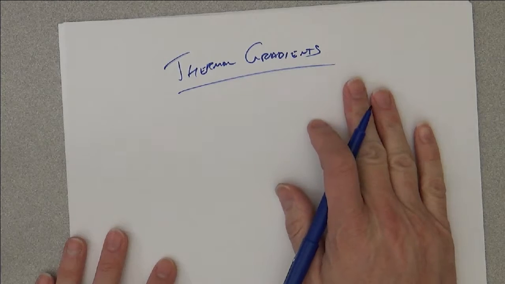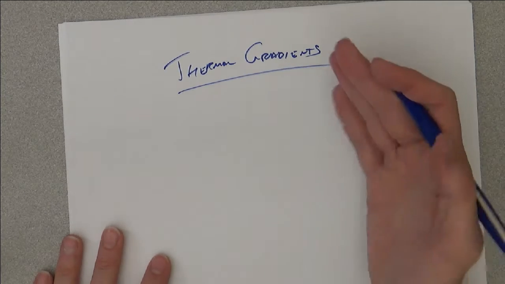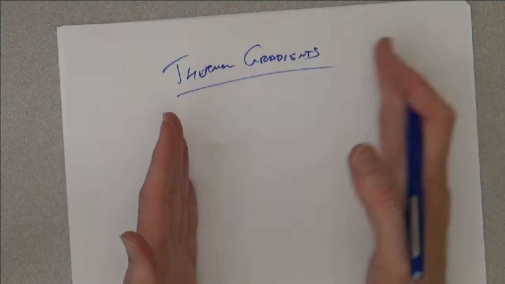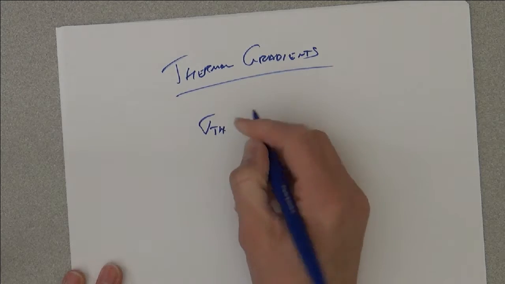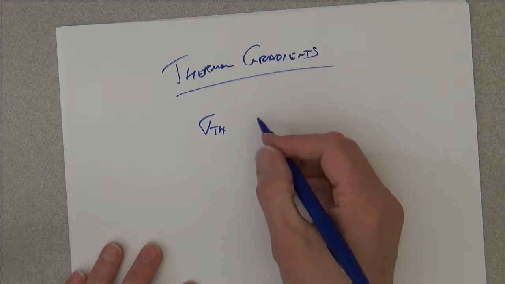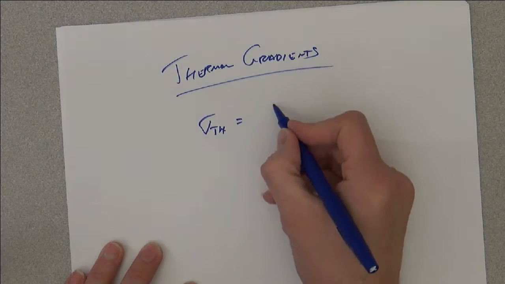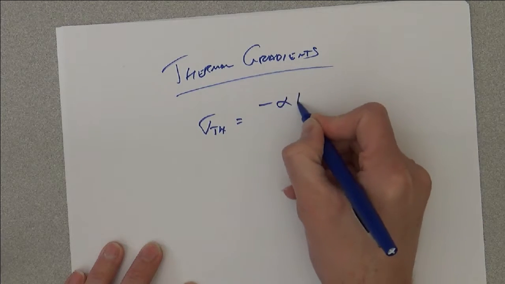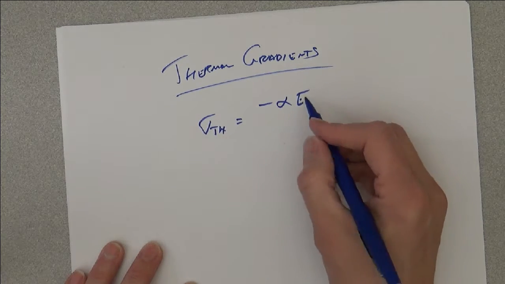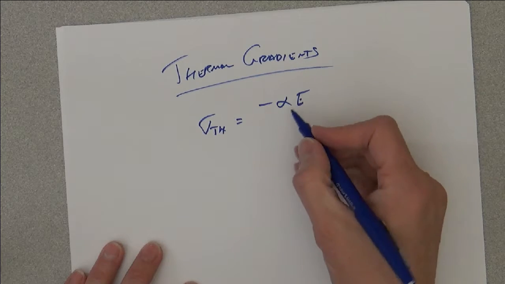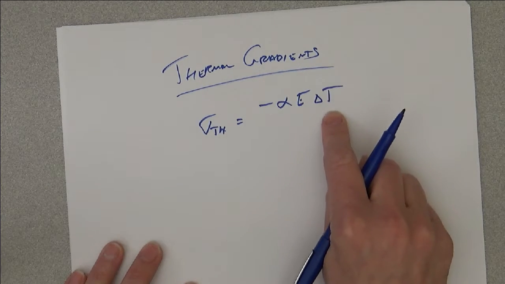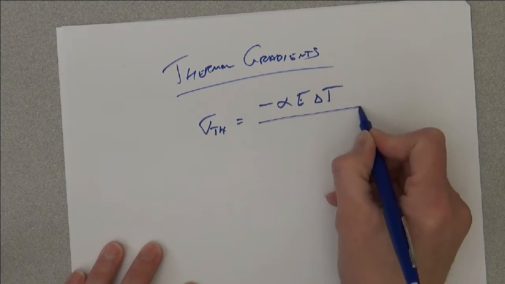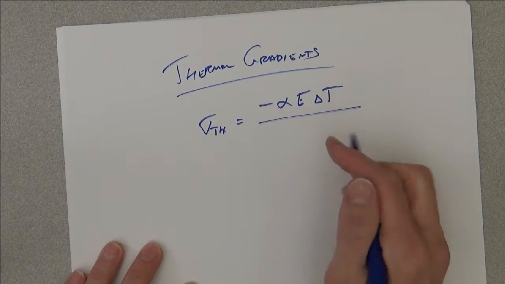So a material that goes through a thermal quench, for example, the exterior may be cool, but the interior is still hot. And in that case, the thermal stresses can approximately be written as the thermal coefficient of expansion, E, the thermal gradient between the interior and the exterior.